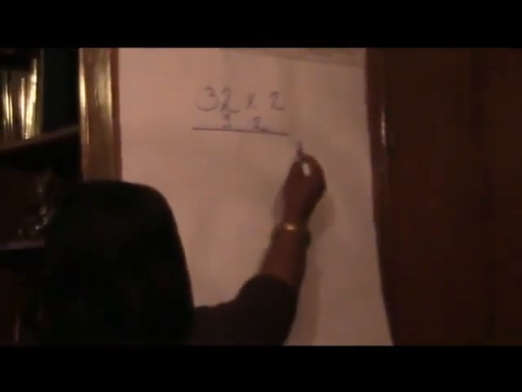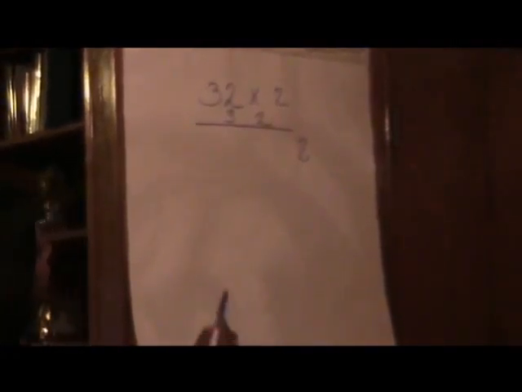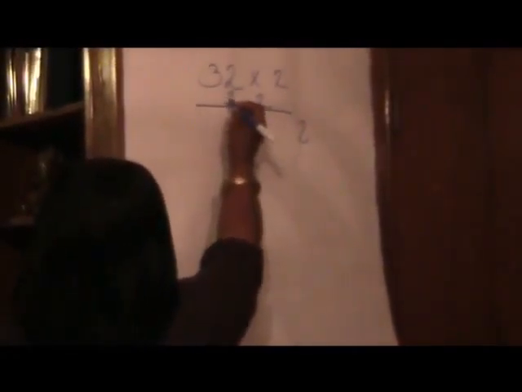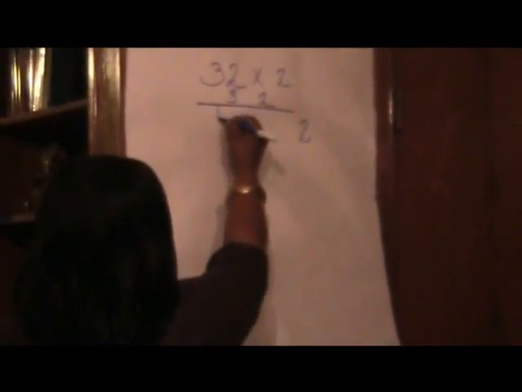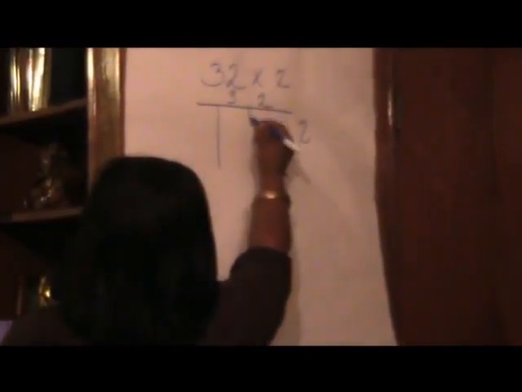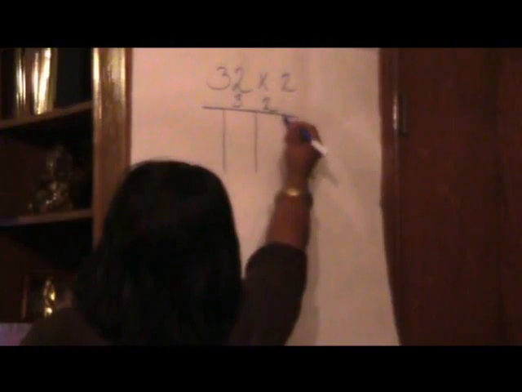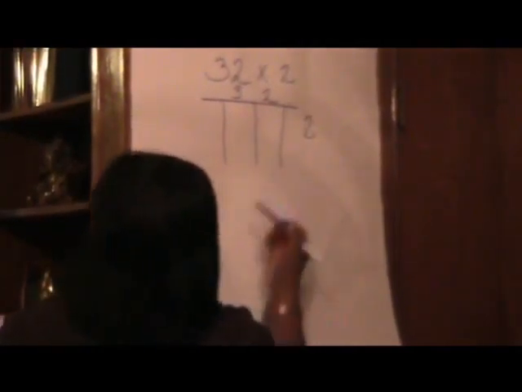What I have done is, I wrote 32, and this is times 2. I'm going to give each number a column. And I'm going to make just one row for the number 2 because it's only one number.